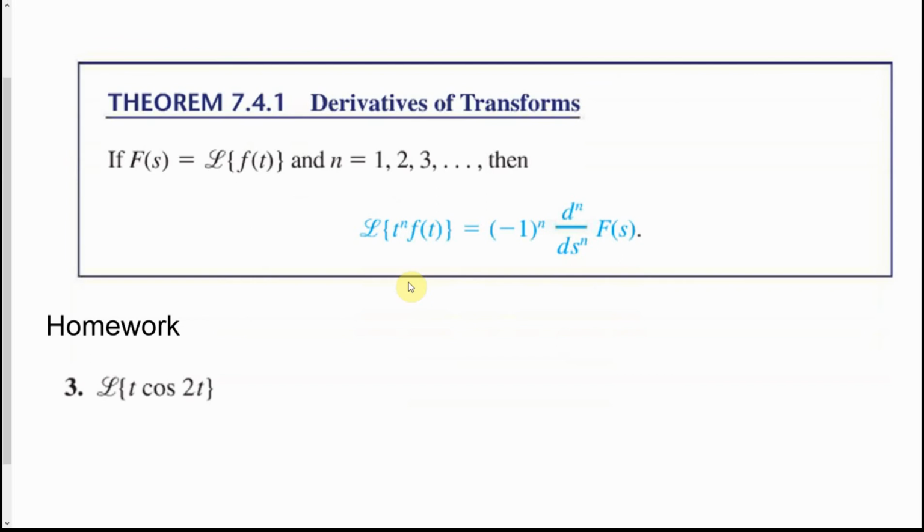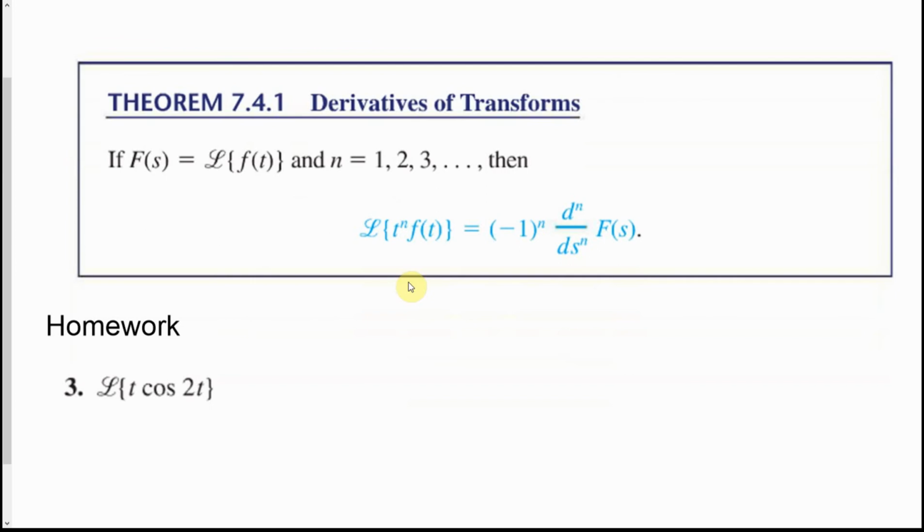It could be times whatever function, doesn't matter. But notice here we don't have that. When you have the Laplace transform of a polynomial times a function, then what they're saying here is you can simplify that. You can find out what that is by just decoding that to be the derivative.